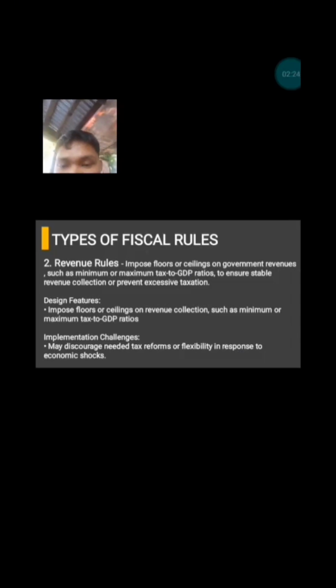Design features set a floor and a ceiling on revenue collections, such as minimum or maximum tax to GDP ratios. Implementation challenges: they may discourage needed tax reform and flexibility in response to economic change.